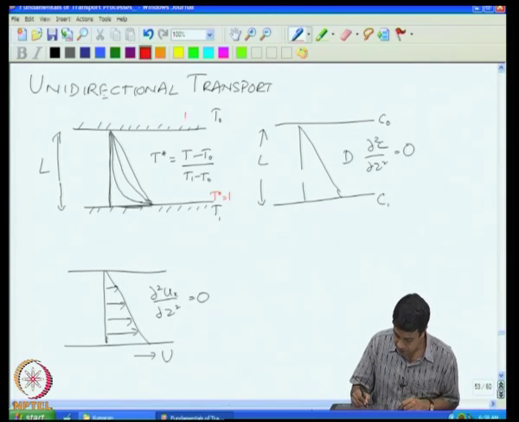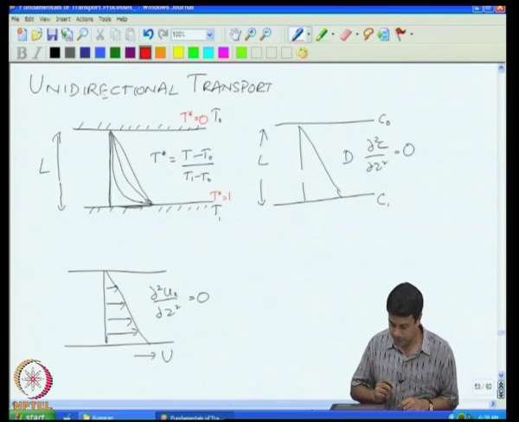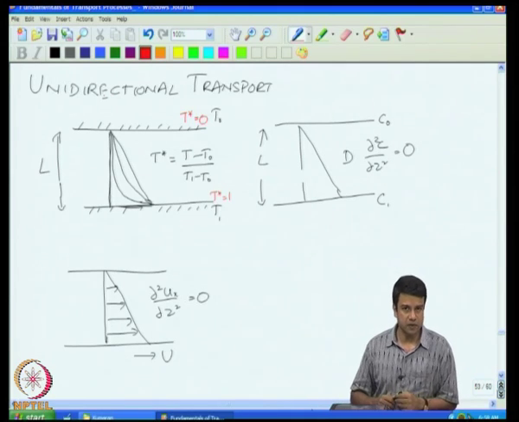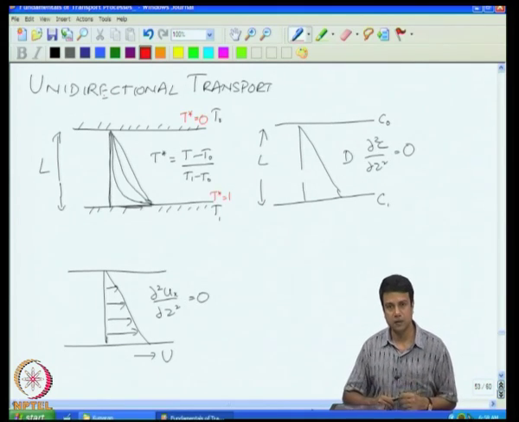At the top surface, I will have T star is equal to 0. So, the scaled temperature varies between 1 and 0 in all three cases.